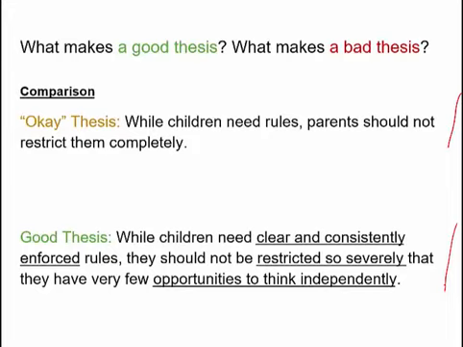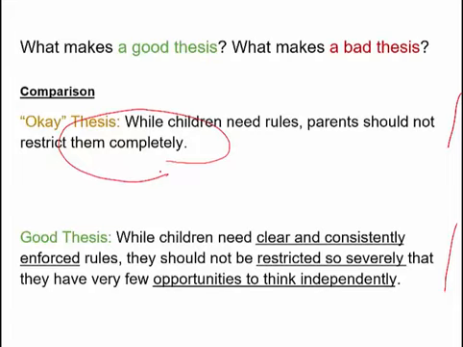Okay, that second half of the essay, we know that the author is going to write about how it's important for kids to think independently. Notice that we don't get those kinds of ideas about thinking independently at all in the okay thesis, because it doesn't specify those things.